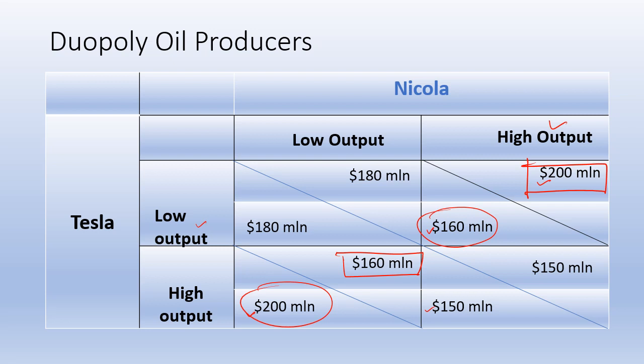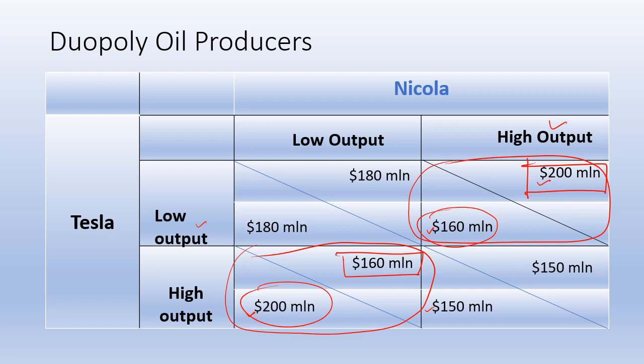So now, after we circle all the possibilities, we can see we have two cells where both numbers are circled, and that tells us that both of these cells are possible equilibria.